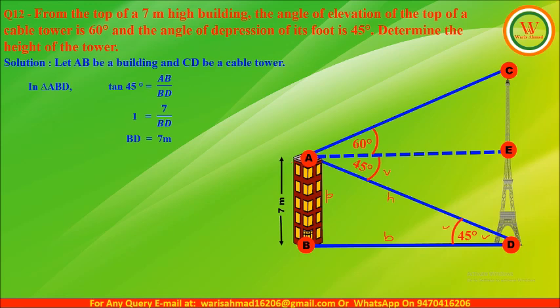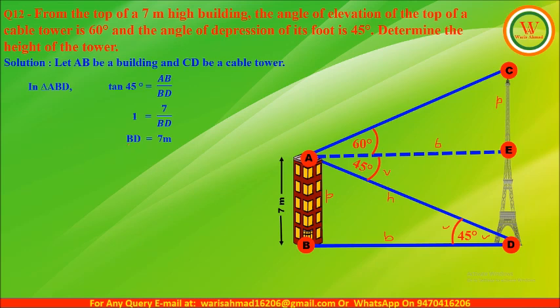After that, we will consider triangle CEA, or we can say AEC also. In this triangle, the side opposite to this theta, that is 60 degree, will be taken as perpendicular, means CE will be taken as perpendicular while AE will be taken as base.